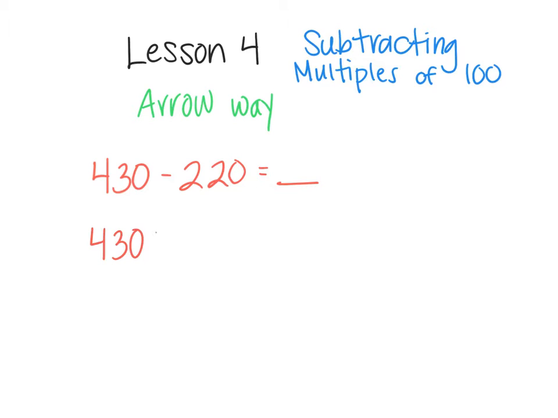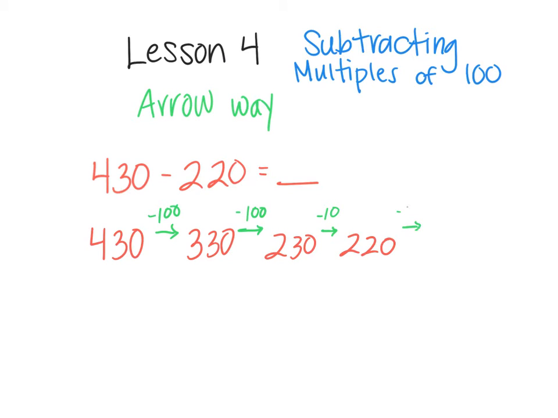430 take away 100 gets us to 330. Take away another 100 gets us to 230. Now I'm not done. I still have to keep taking away some tens now. So I have to take away 10, and that gets me to 220.